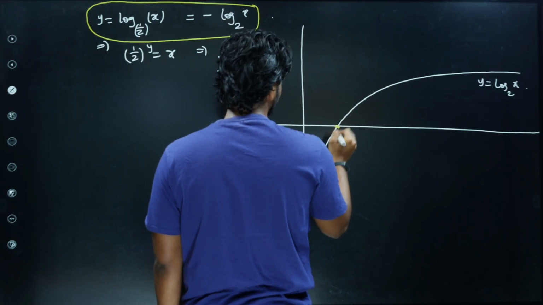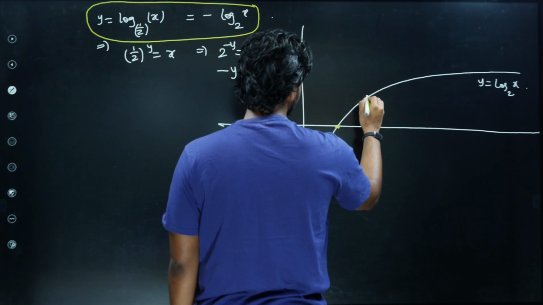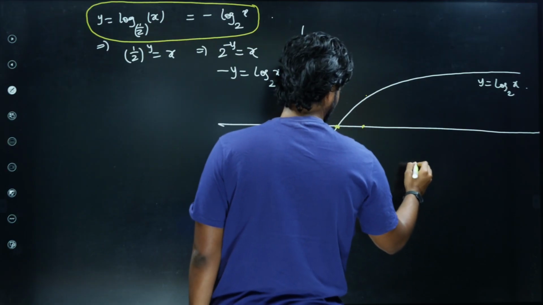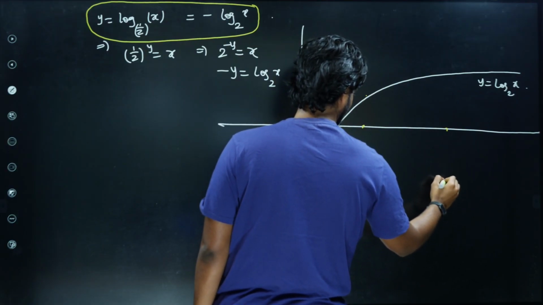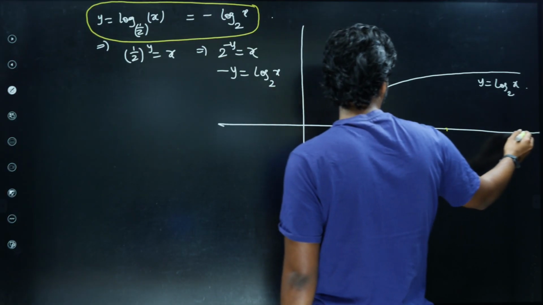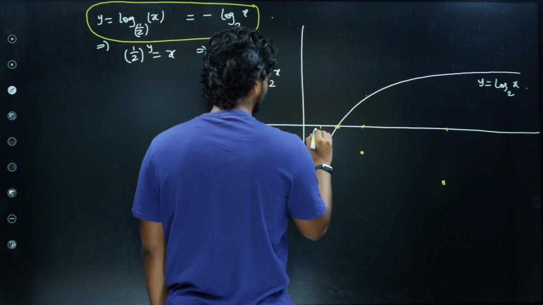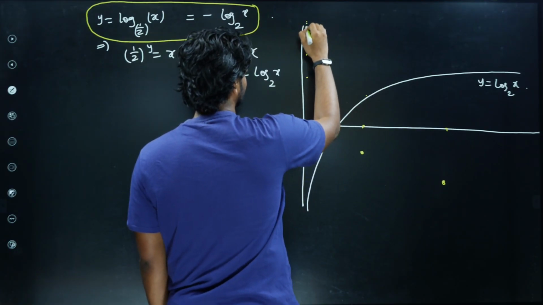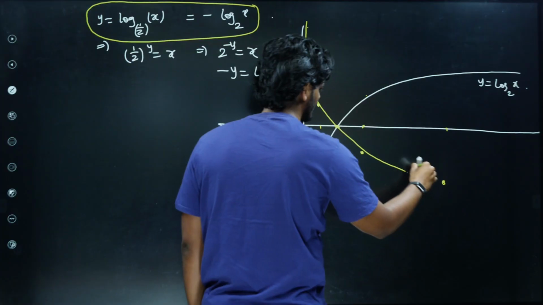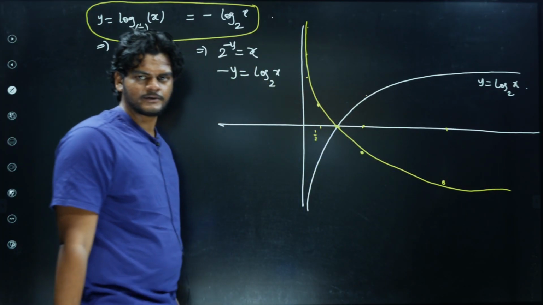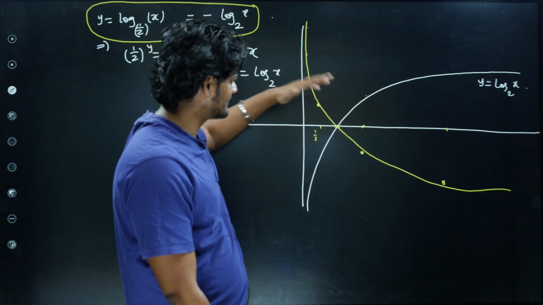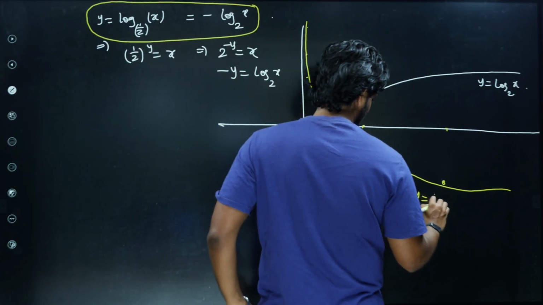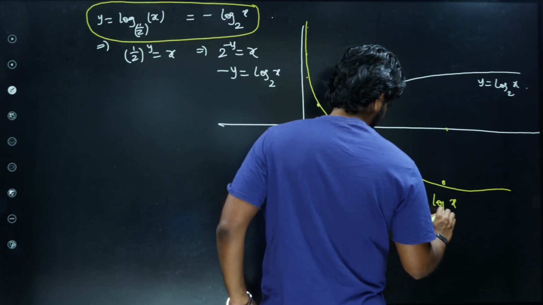So at 1 it will be 0 only, at 2 instead of positive 1 it will be negative 1, at 4 it will be negative 2, and at 1 by 2 it will be positive 1. So it will go like this. It is a mirroring with respect to the x-axis. This is how the graph of y is equal to log base 1 by 2 of x works.